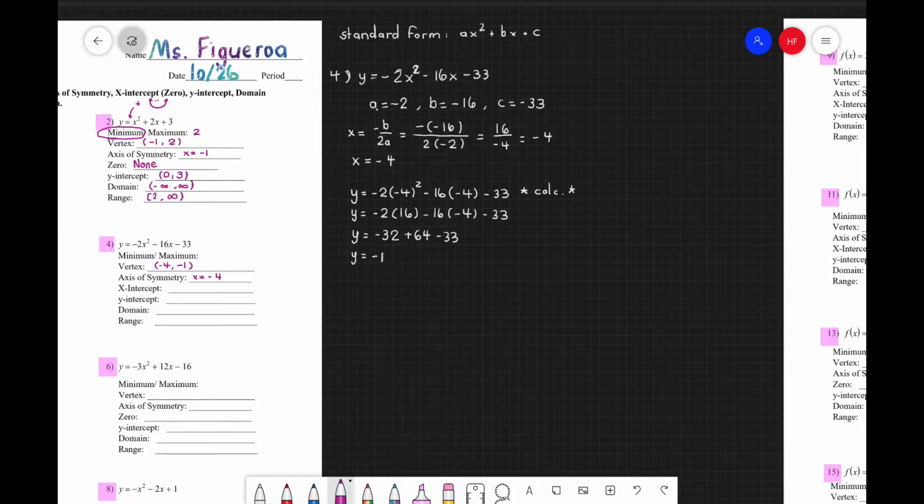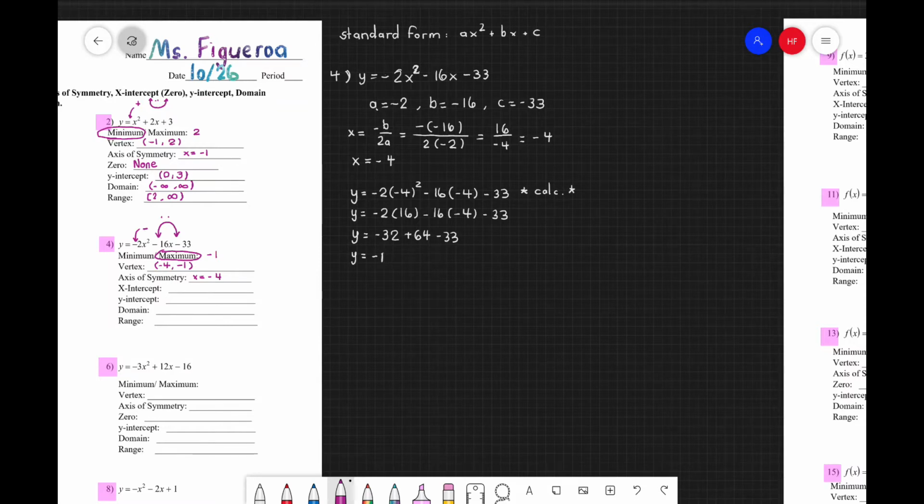Now looking at the equation over here, this is a negative value, so my parabola is facing down, it's negative, it's sad, so it's going to have a maximum value. Maximum value is negative 1. We just take the y value from the vertex.